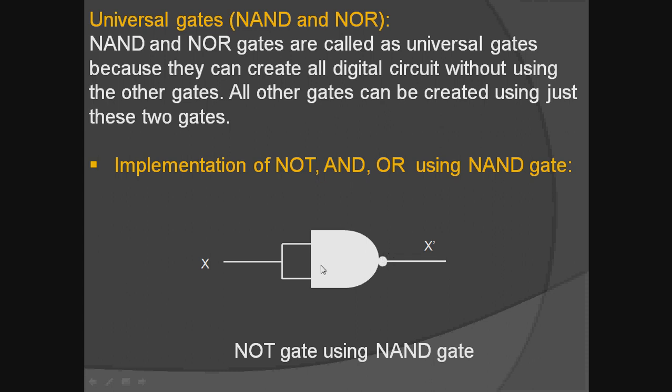So the two signal points are joined together so that only one input is accepted by the NAND gate. Because of this, instead of two inputs, only one input is accepted, and from there you get the complement. So that way you get 1 0 or 0 1.